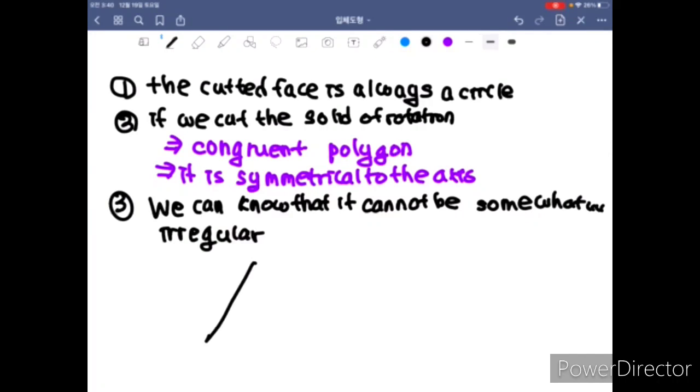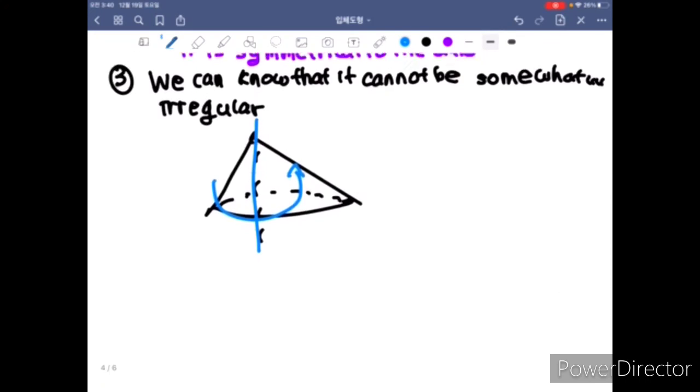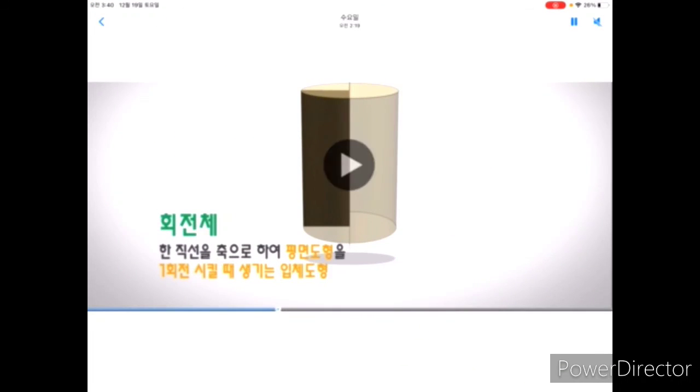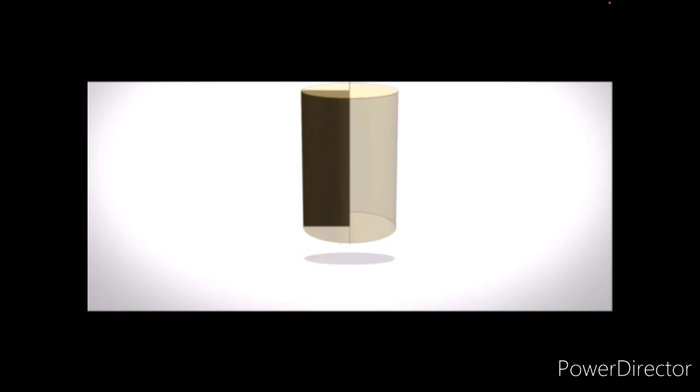So it cannot sometimes be like this. However, it has to be symmetrical to the axis that rotates it, as we saw in this video, because it's something that rotates.